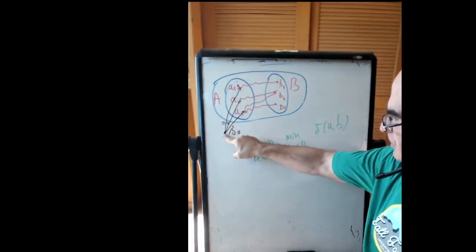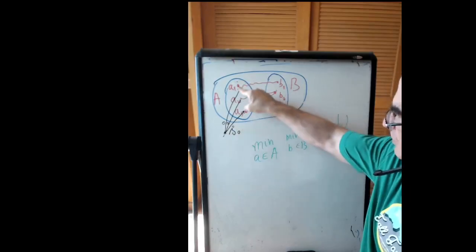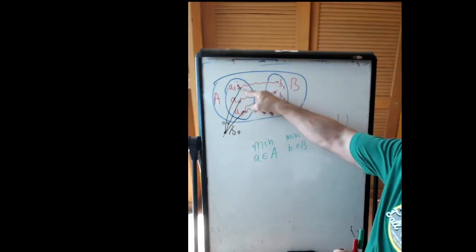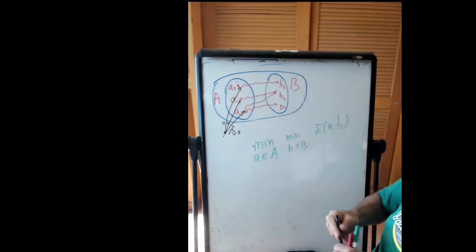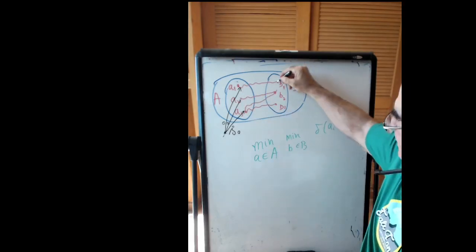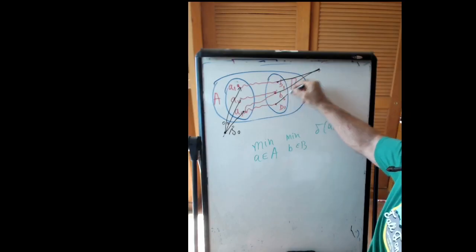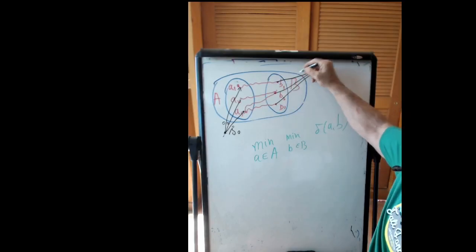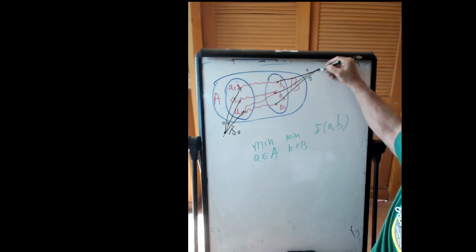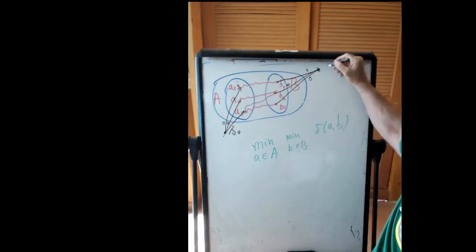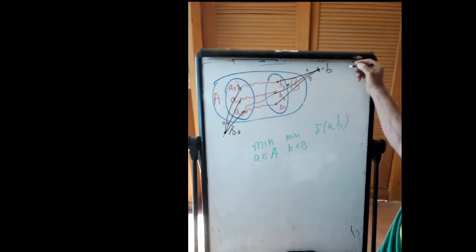So it doesn't cost me anything to go from S0 to any of the vertices of A itself. Similarly, from B1, B2, and B3, I'll add edges whose cost is 0 as well, and add yet one more vertex, not originally in the graph, called, say, T0.